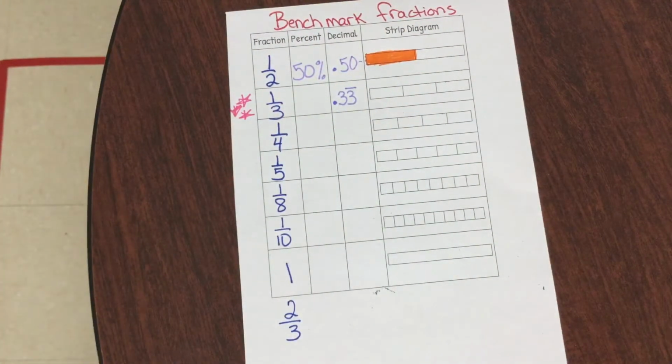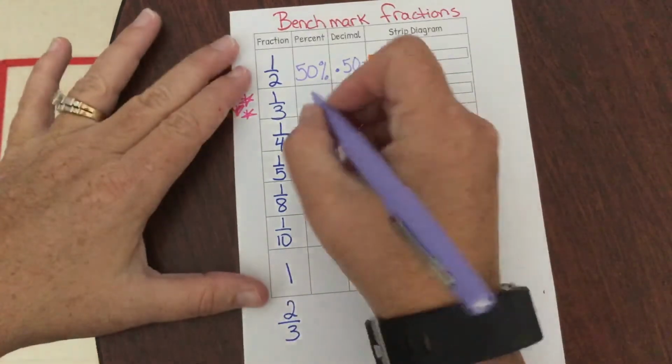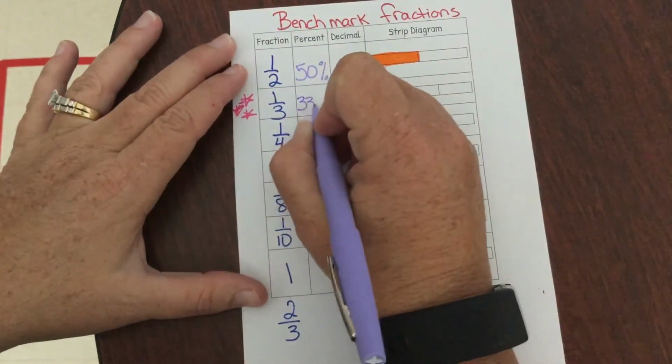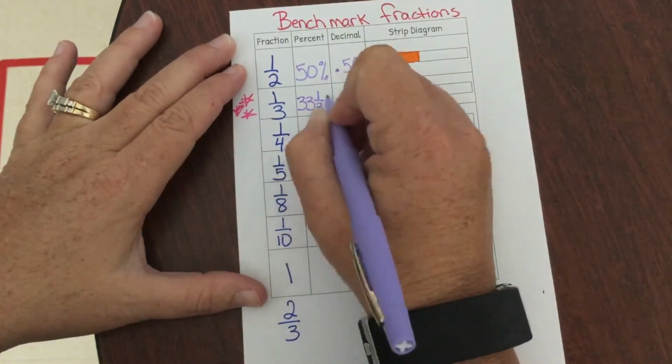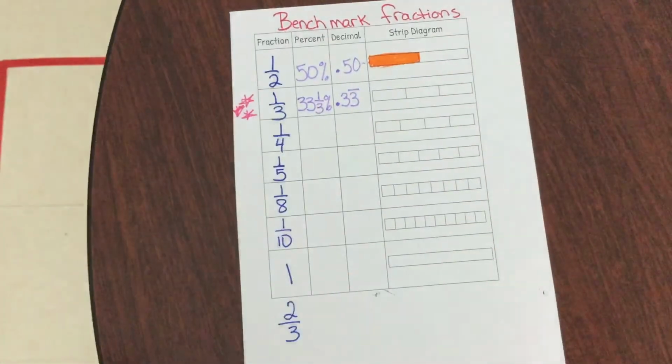And it is extremely important. If you do not put that line over the 3, it gets counted wrong, because if not, it tells me that it stops after the 0.33. Okay. So what that looks like as a percent is actually going to be 33 1/3%.